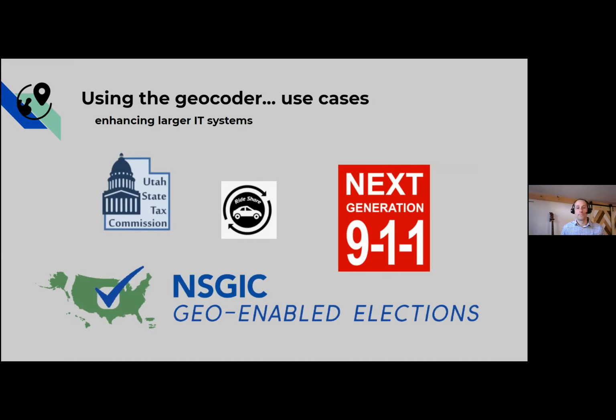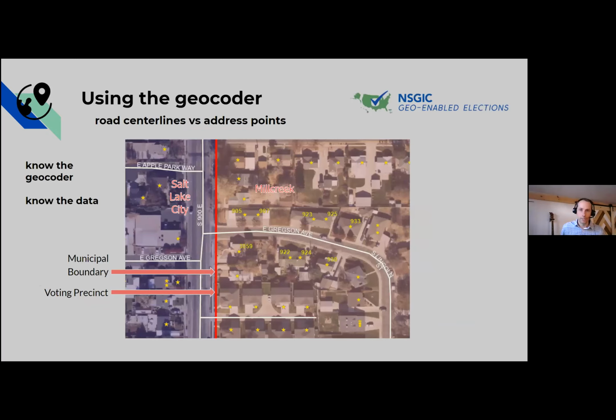Geocoders are such a critical piece to geo-enabling an election, and we'll take a look at that first here. When you bring GIS into an election, it's key to be able to view a voter, visualize a boundary, and ensure the accuracy that they are in the district and boundary that you expect them to be in.